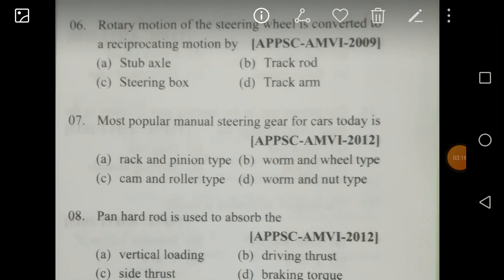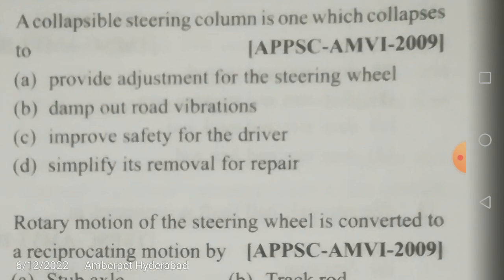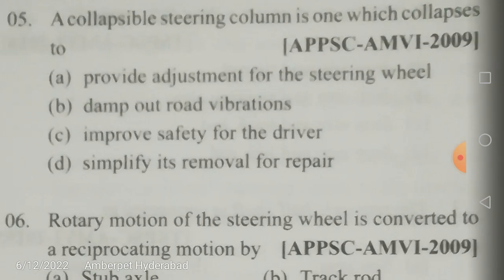Okay, friends. Next, the collapsible steering column is one which collapses to what? Provide adjustment for the steering wheel, or damp out road vibrations, or improve safety for the driver, or simplify its removal for repair?